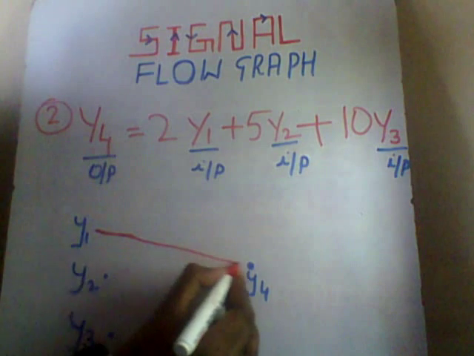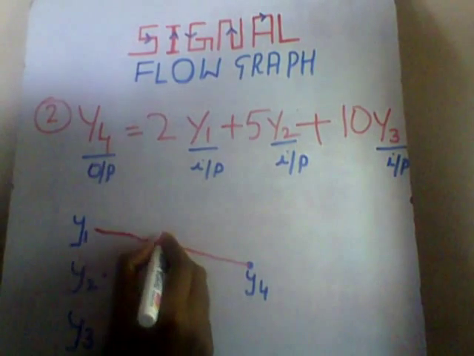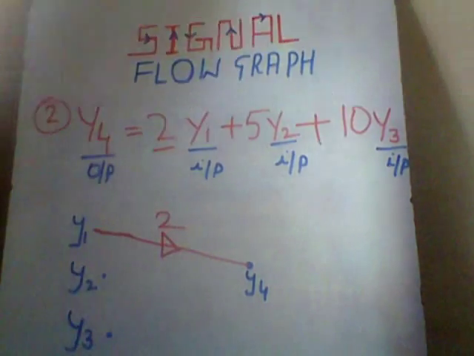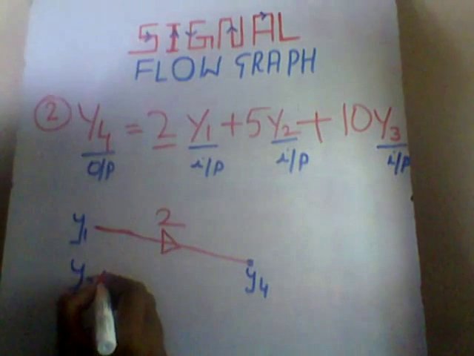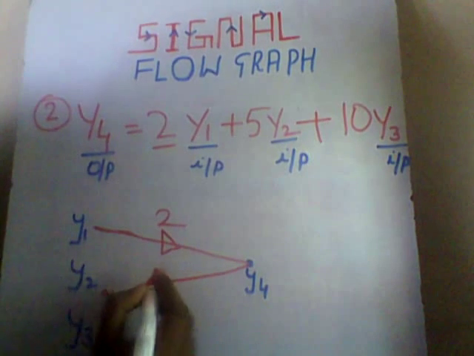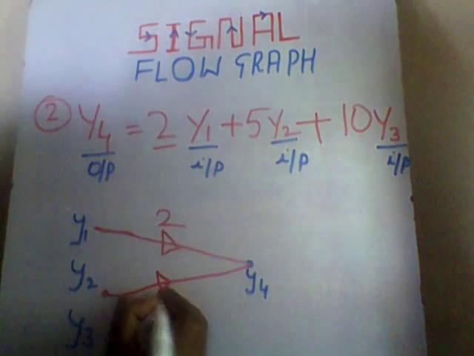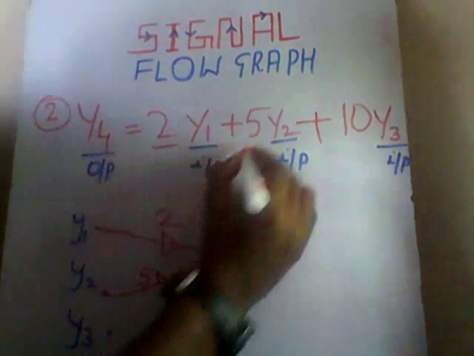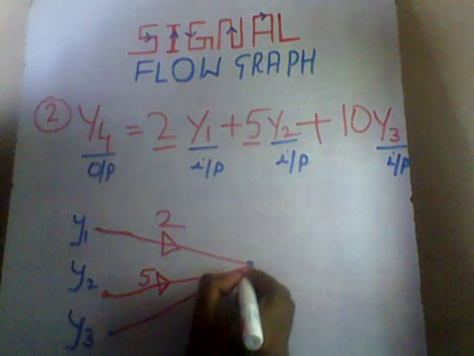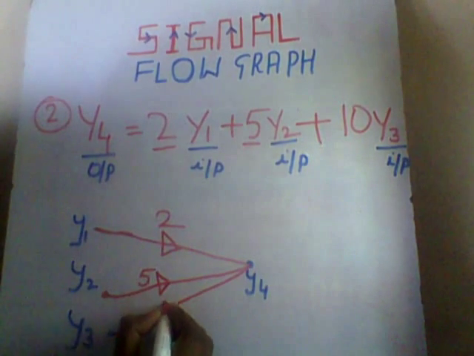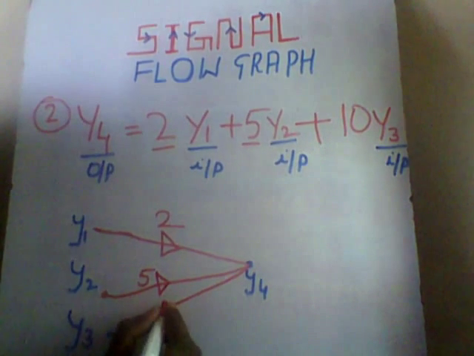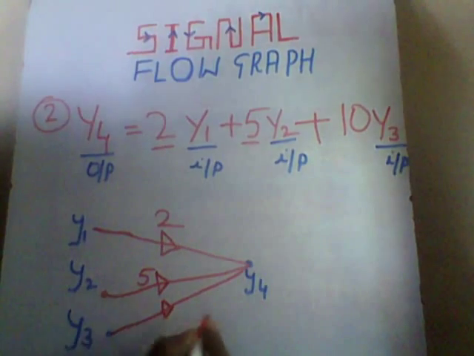So from y1 it starts with a path gain of 2, and from y2 to y4 with a path gain of 5, and from y3 to y4 with a path gain of 10.